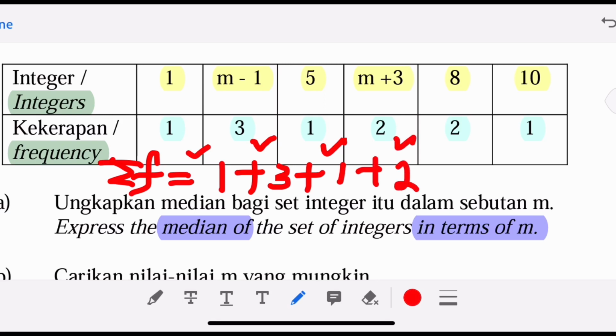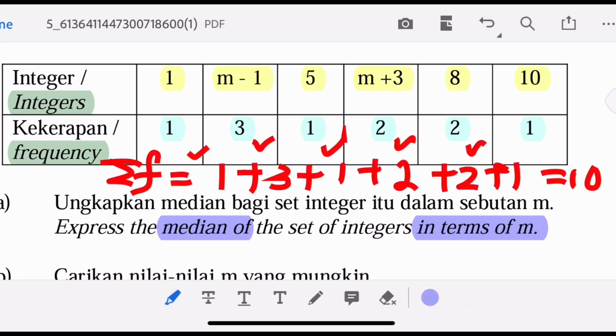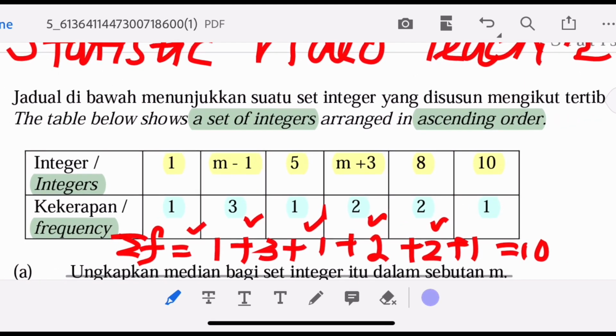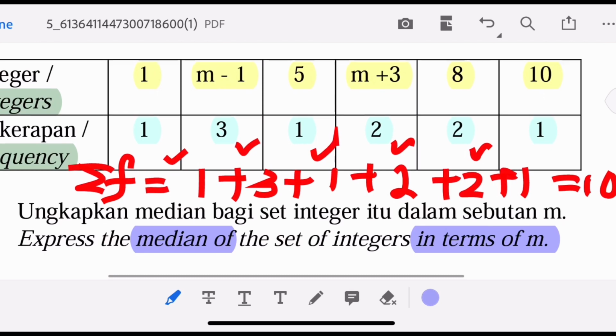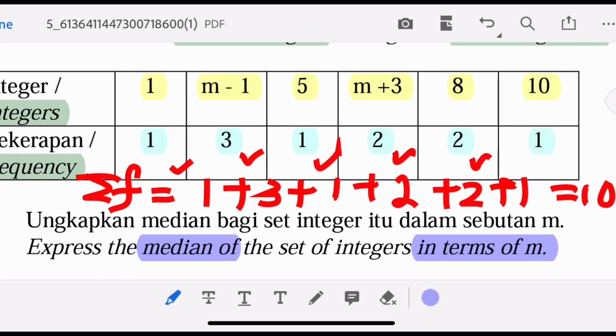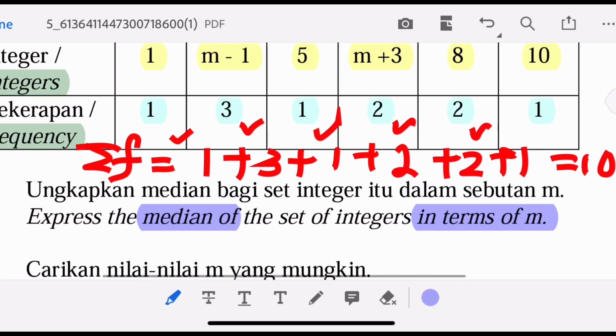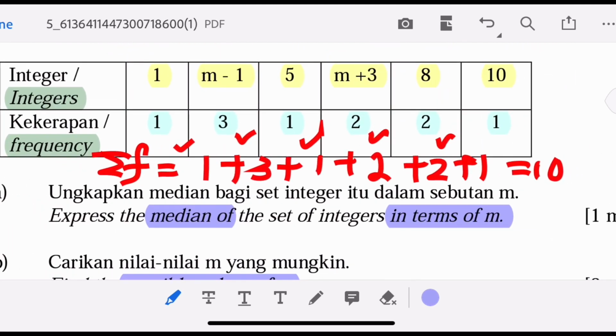We have 1 plus 3 plus 1 plus 2 plus 2 plus 1. We need to check whether the number of data is odd or even. It is 10. Is 10 even or odd? It's an even number, right? So the frequency total is 10, which means we have 10 data.